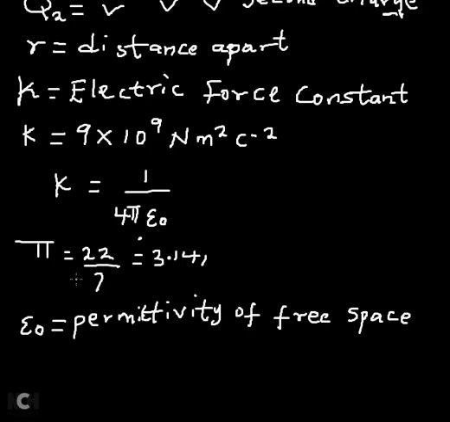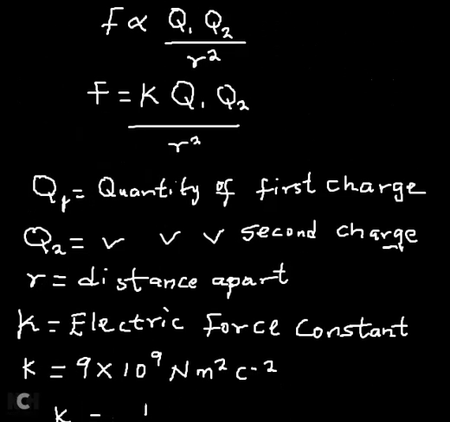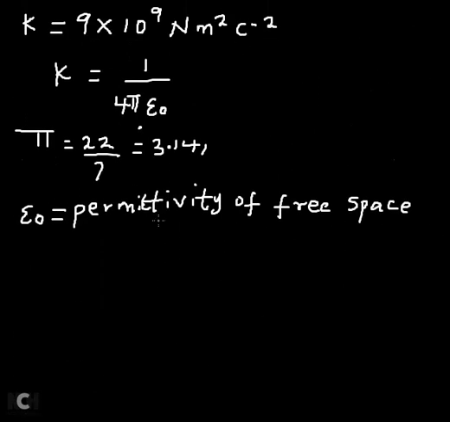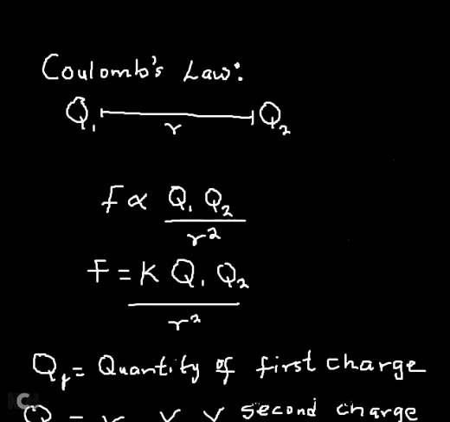So what does that imply? If we have permittivity of free space, that simply means that the charge is located in free space. A free space is a space that is devoid of any material medium, like liquid, solid, and gas.